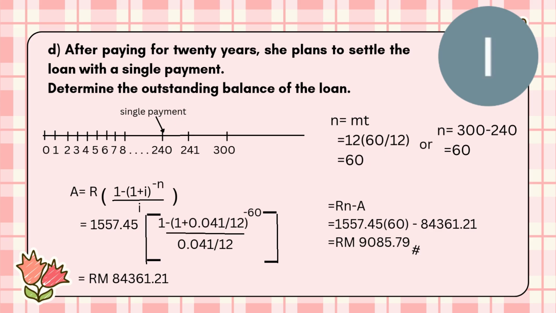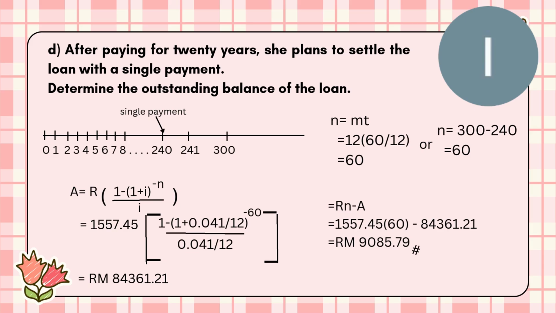R is equal to 1,557 ringgit and 45 cent, whereas I is 0.041 over 12, and the number of payments is 60. By substituting all of it, we can get 84,361 ringgit and 21 cent.